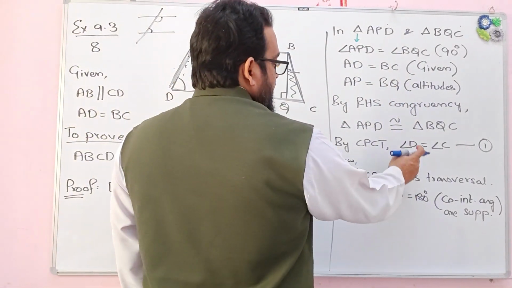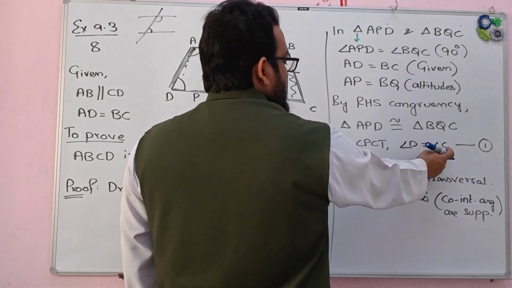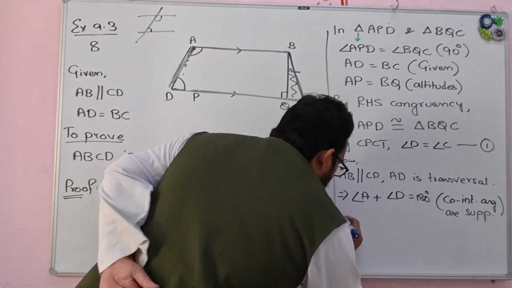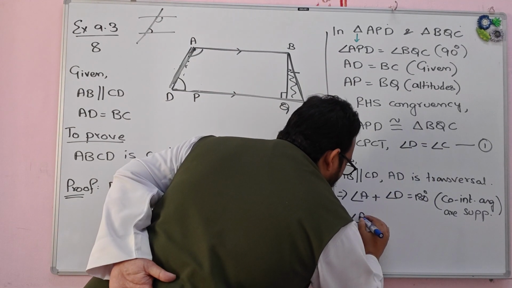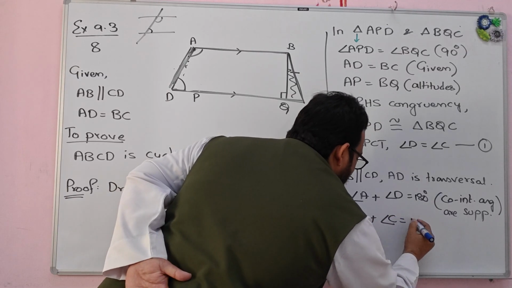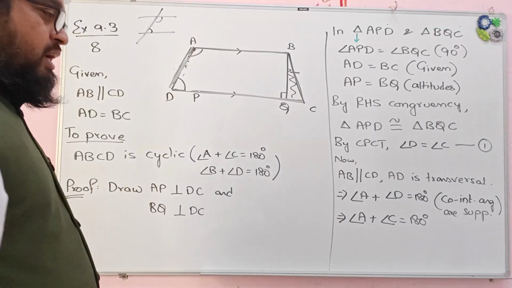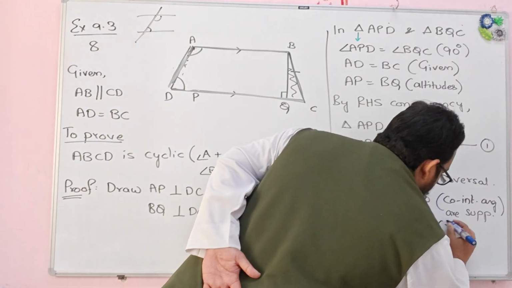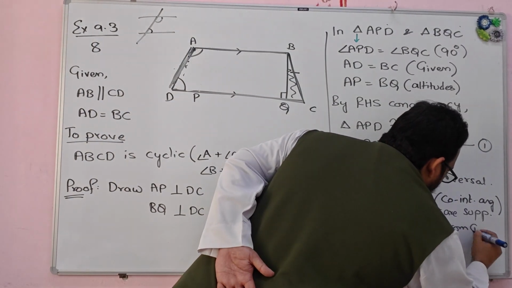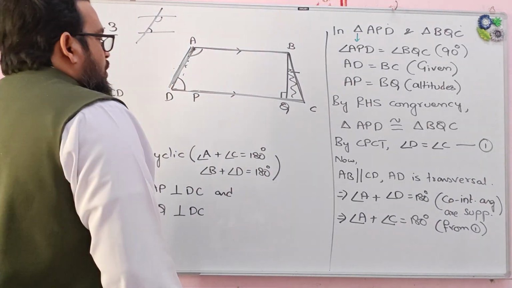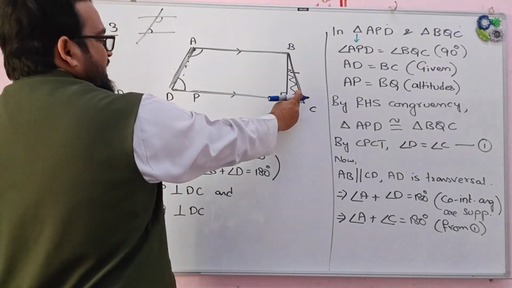And we have seen that angle D is equal to angle C. So that implies in place of angle D, can I write angle C? Angle A plus angle C is equal to 180 degrees, from equation 1.